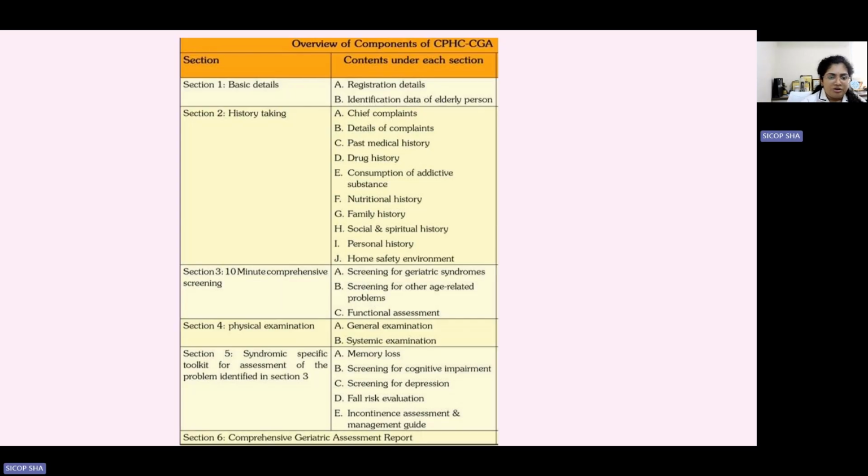So if memory loss is there, screening for cognitive impairment, screening for depression, fall risk evaluation, incontinence assessment and management guide, etc. This is done in section 5. Next is the report. Section 6 talks about the report of this overall examination.